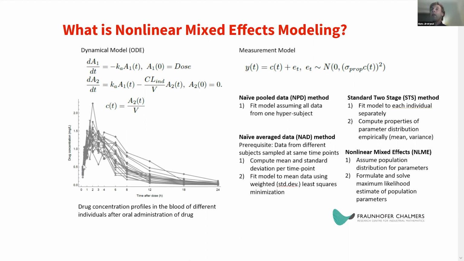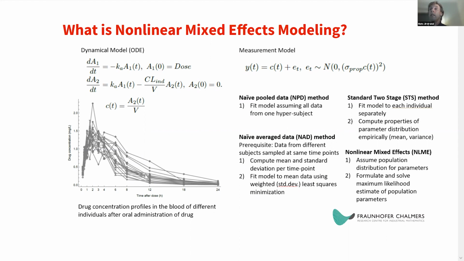If we have quite a lot of data per individual, maybe it's very natural then to estimate one model for each and every individual and get out a parameter set for each and every individual. And then we can compute parameter distributions empirically, of course. So that is called the standard two-stage method.